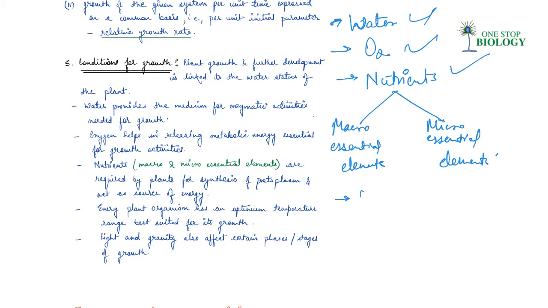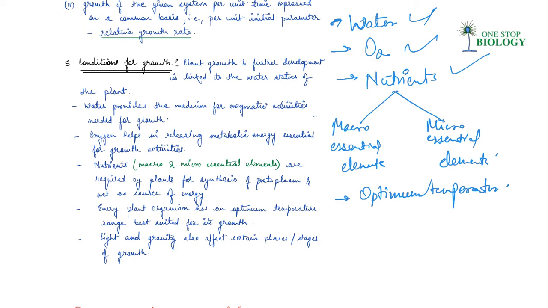Apart from that, optimum temperature, right? There is a range of optimum temperature for each and every plant. So that particular optimum temperature range is best suited for that plant's growth. So that is also required, right?